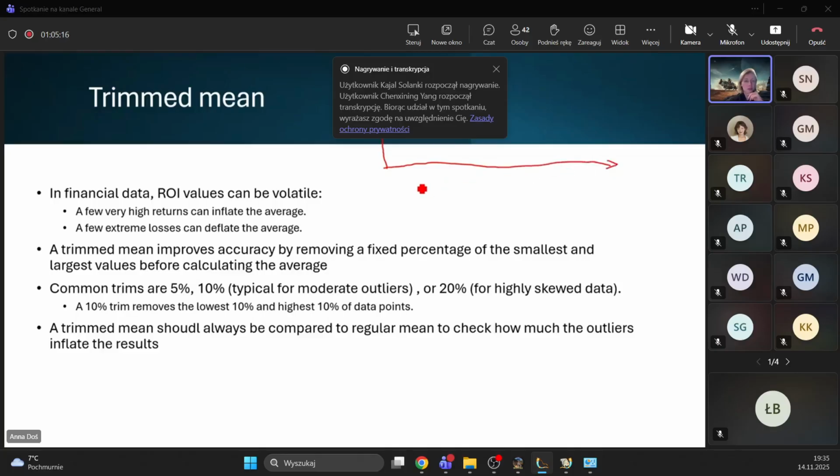The rates of return for gold have a not normal distribution, meaning that they are platykurtic. What does it mean, platykurtic? We don't know yet, okay?